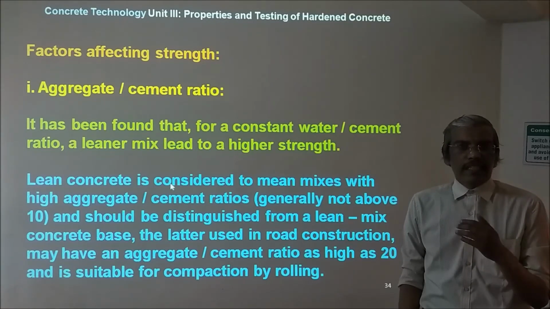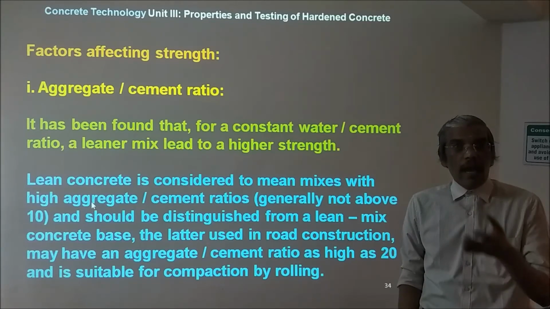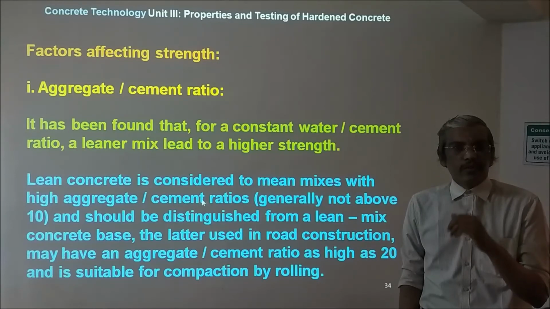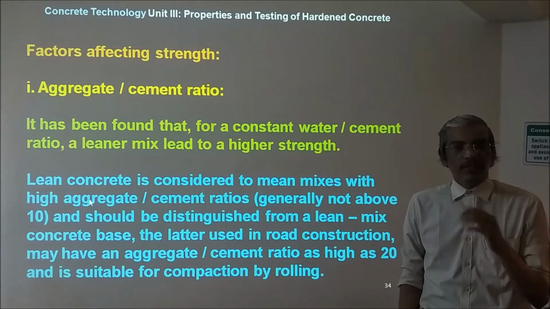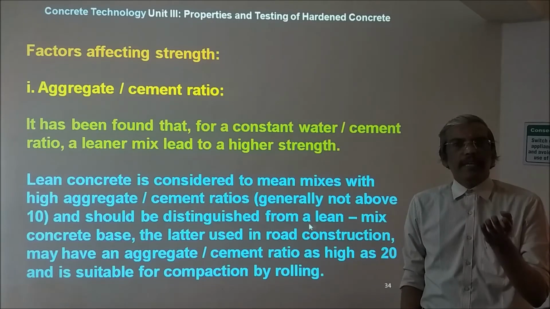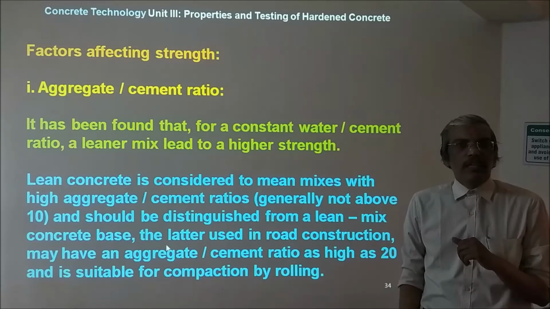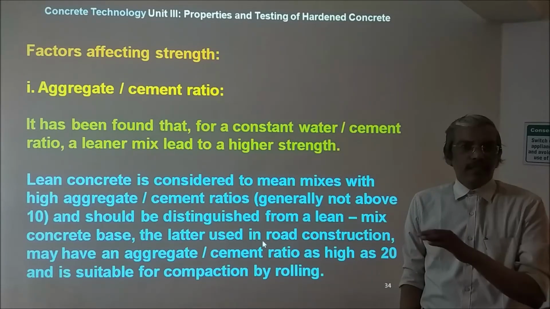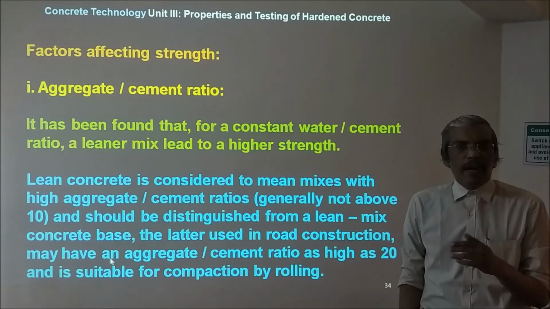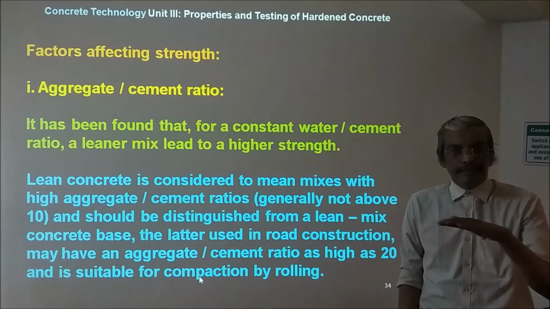Lean concrete is considered to mean mixes with high aggregate to cement ratio, generally not above 10, and should be distinguished from a lean mix concrete base, the latter used in concrete road construction, which may have an aggregate cement ratio as high as 20 and is suitable for compaction by rolling.